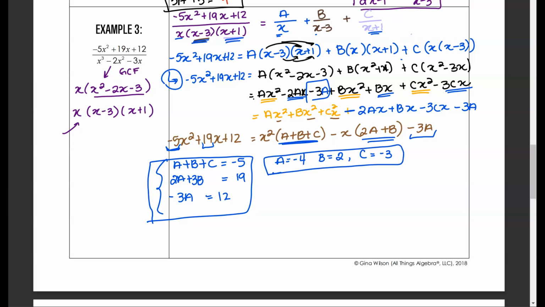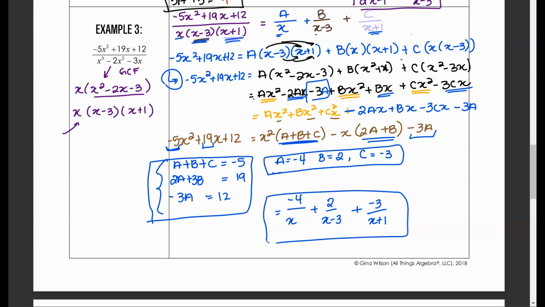And so that is what was being asked of us. So that means that we can rewrite these fractions as negative 4 over x plus 2 over x minus 3 plus negative 3 over x plus 1. And so this is the decomposition of that fraction.